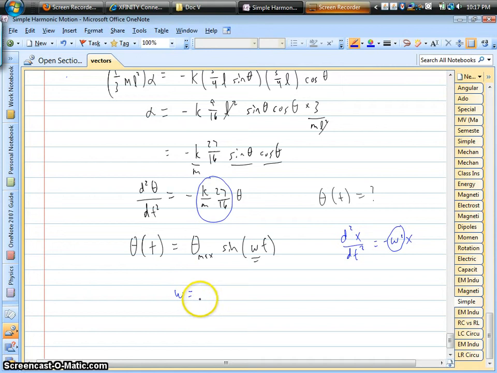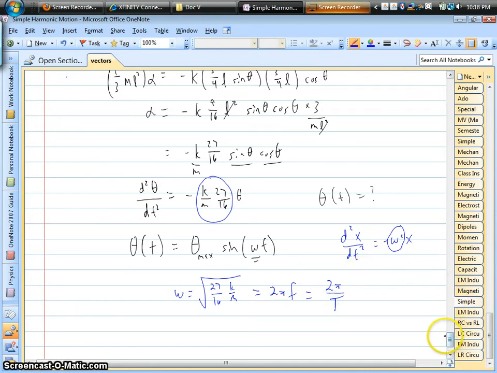So omega is actually the square root of 27/16 k over m. This is the angular frequency. Now this also is the same as 2 pi times the frequency in hertz. How many times a second is this thing swinging back and forth? Or you could even write this, since frequency and period are reciprocals, 2 pi over the period.